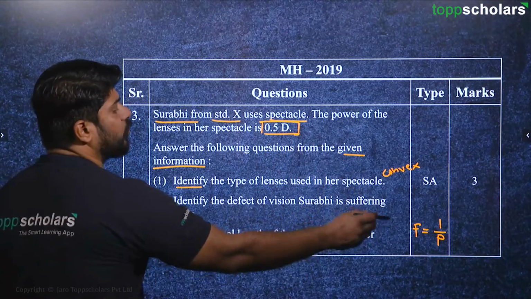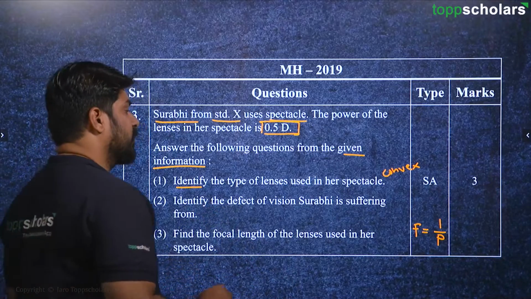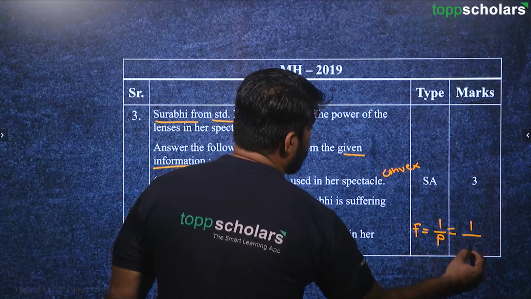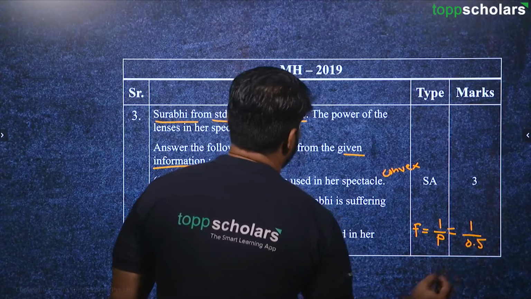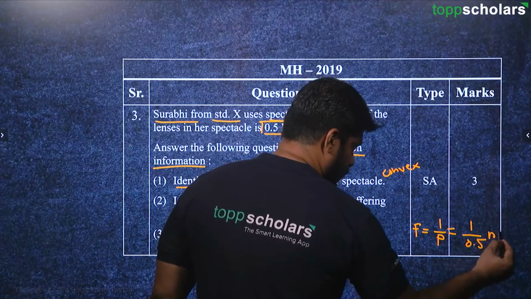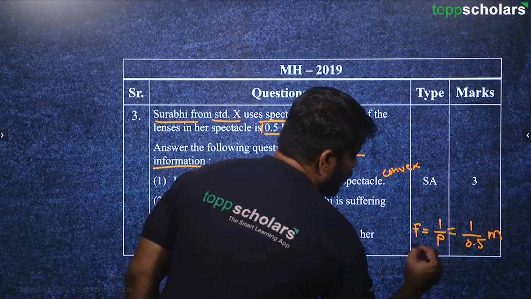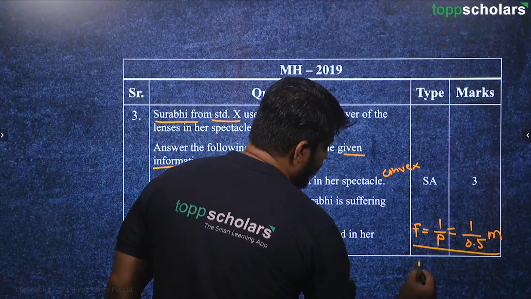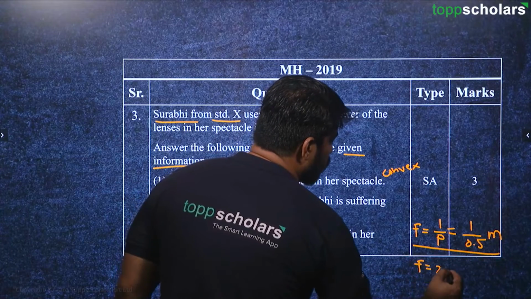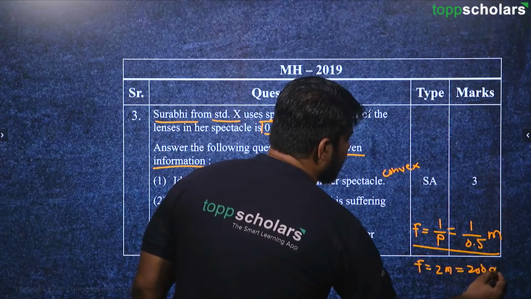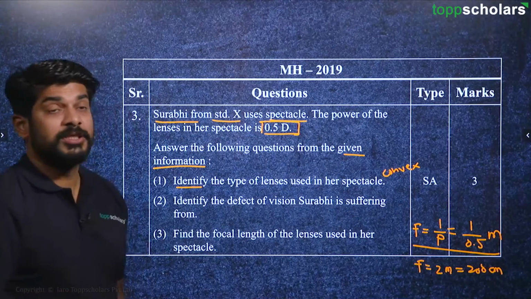So just put this over here, you will get the answer, right? So F will be equal to 1 upon 0.5 diopters. So when we put it in diopters, it becomes meters. Okay. So 1 upon 0.5 is definitely equal to 2 meters or 200 centimeters, right? So this is the answer.